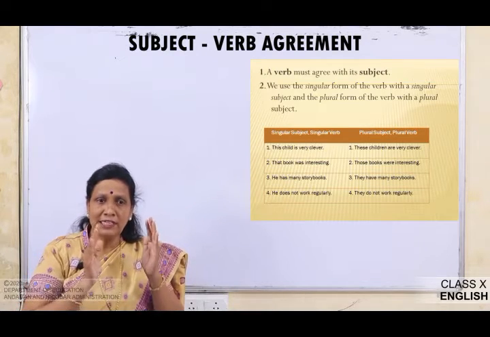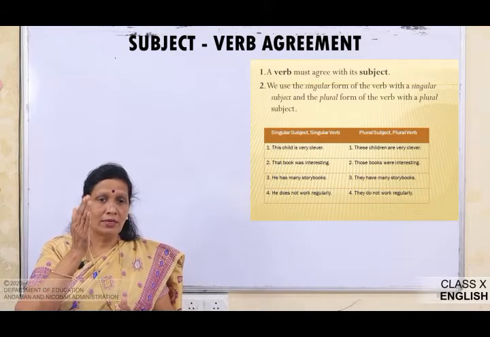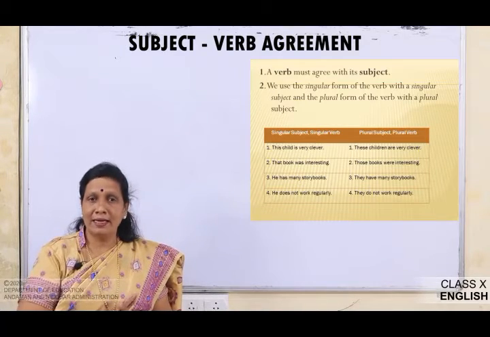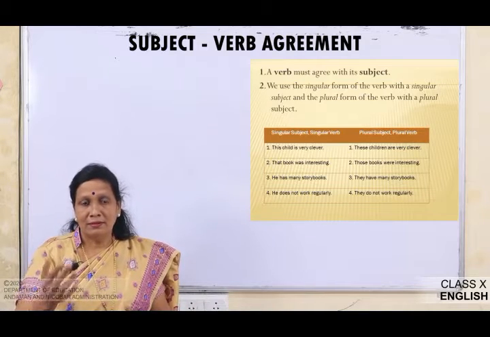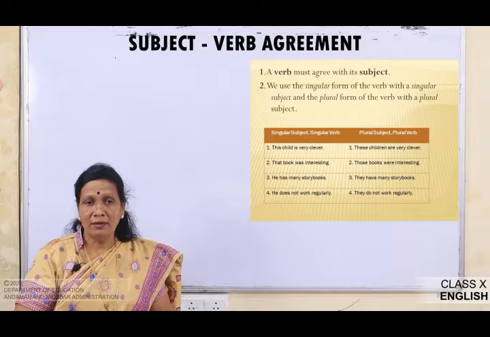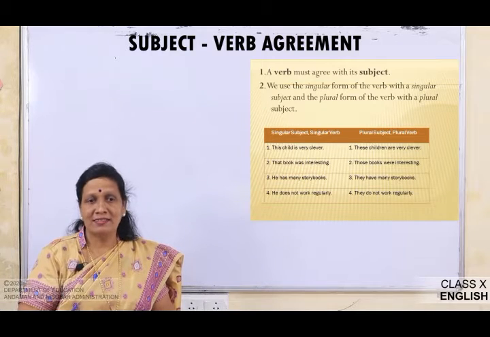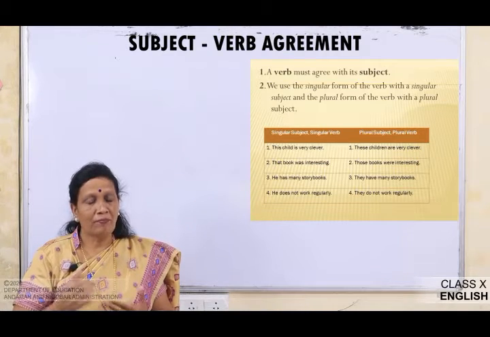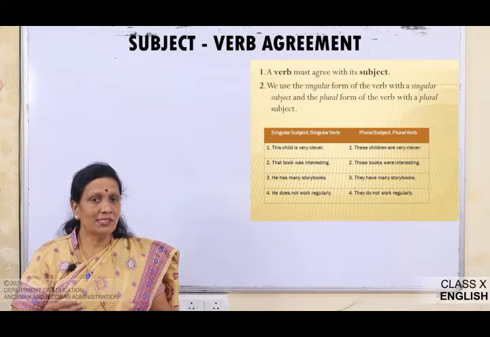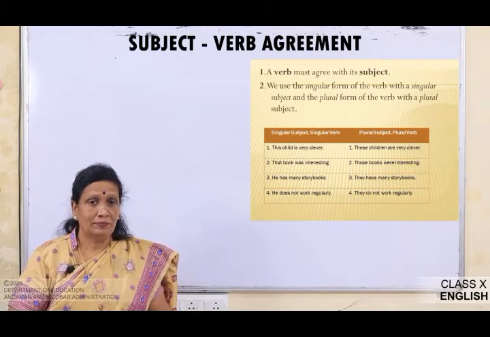So with the singular form, we have used the child, book, he and he again as the subjects, and the verbs here were is, was, has, does, and with these, those, they, we have used are, were, have, many and do.